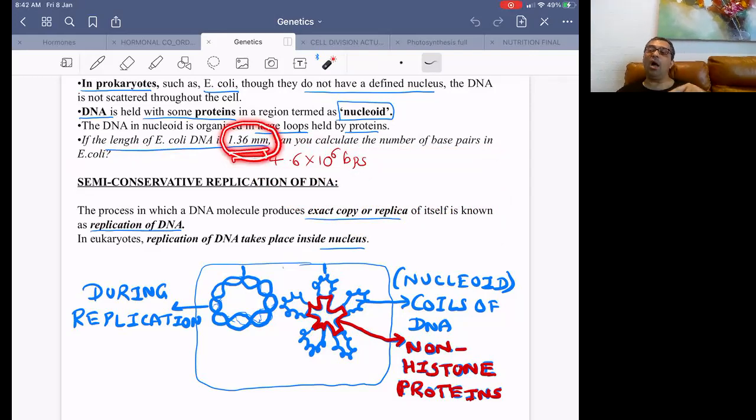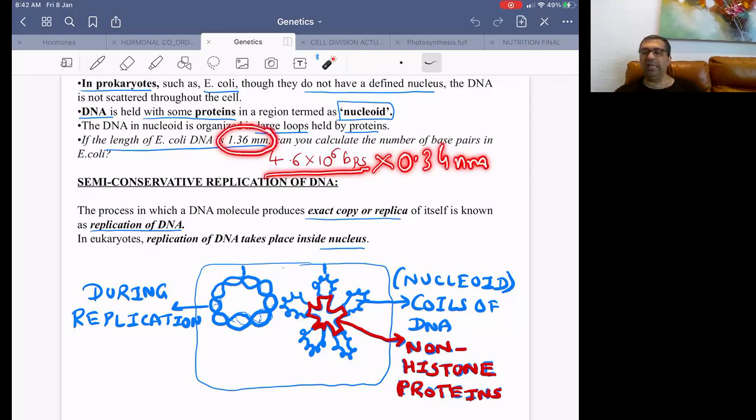If you remember, our DNA was 2.2 meters.